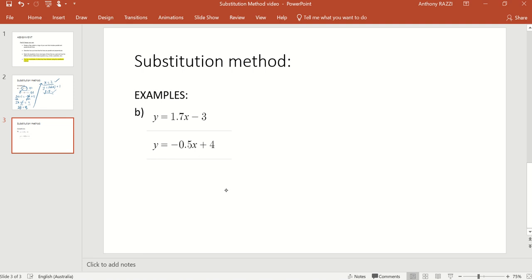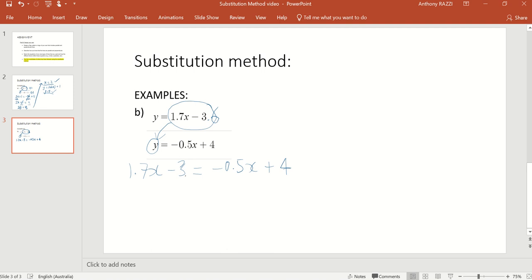So again, we're going to substitute y equals 1.7x, take 3, into this equation. So basically y is going to be replaced with 1.7x, take 3. And that's equal to minus 0.5x plus 4. And if there's decimals, if it's like 3.6, actually let's change it to 3.6.